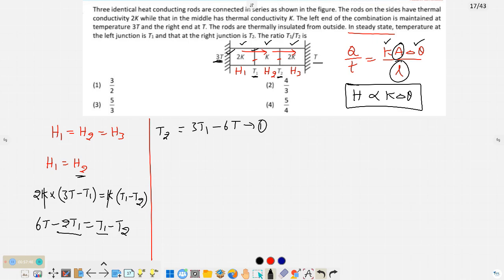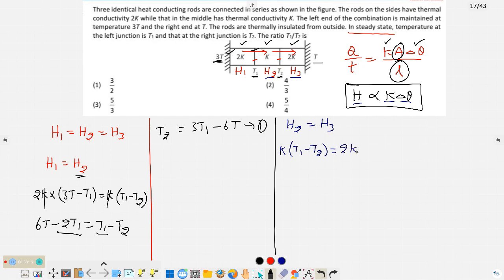Similarly, you go for the second one, H2 and H3. Here H2 is also equal to H3. That means the heat flowing across the second one is equal to the third one, because they are connected in series. So what is H2? H is proportional to K into delta T, already told. So the H2 value, having conductivity K into the difference in temperature T1 minus T2, is equal to the H3 value.